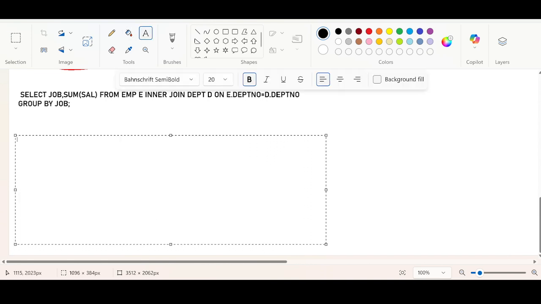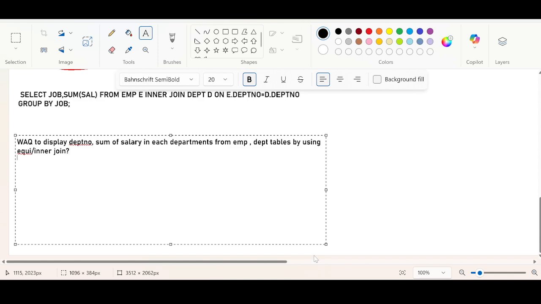Write a query to display department number, sum of salary in each department from the employee table and department table by using equi or inner join.